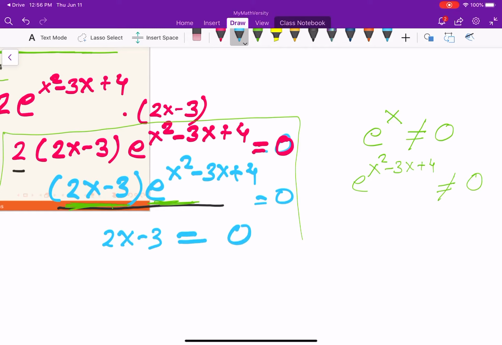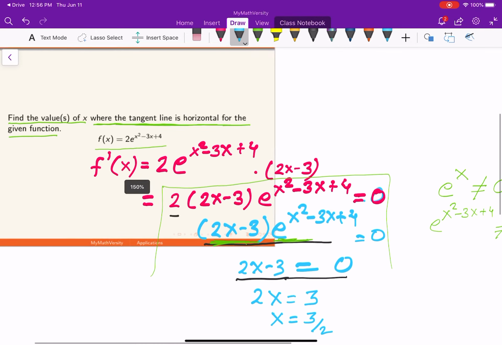So we can immediately write it down. Now we have changed the exponential equation into just a linear equation, and I believe all of you at this stage know how to solve a linear equation, right? We can add 3 on both sides, so 2x is equal to 3, and then we can divide by 2 on both sides, so we get x equal to 3 over 2.